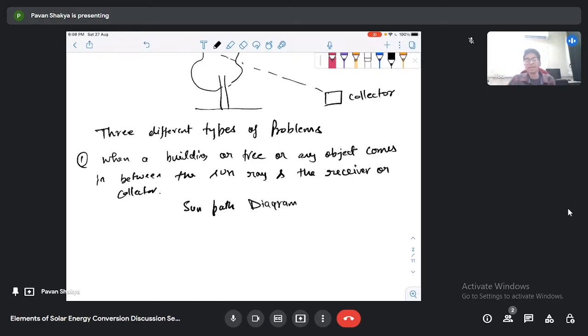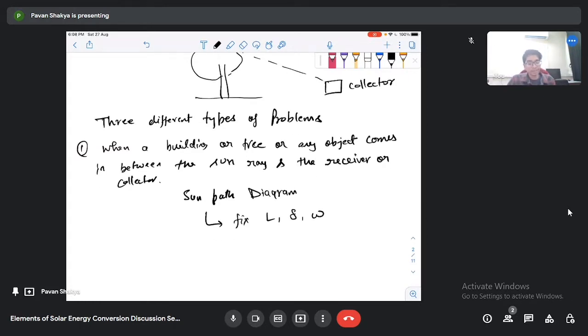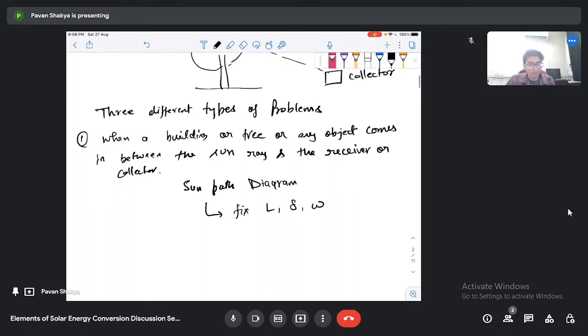In the sun path diagram, there are some fixed parameters like latitude angle, declination angle, hour angle. These parameters are fixed in the sun path diagram, whereas the variables are the altitude angle and the azimuth angle.